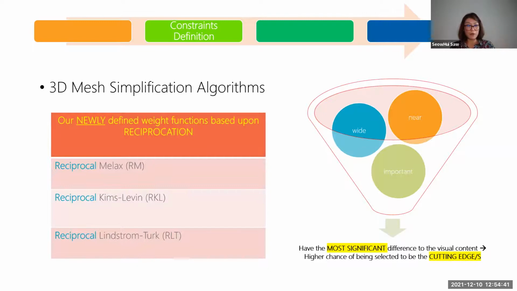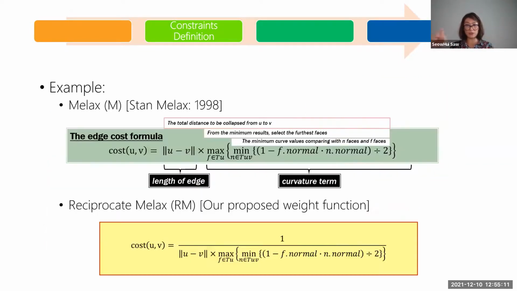Then we came up with an idea to reciprocate these wave functions for our segmentation constraints. The concept of reciprocation is just dividing one by the existing wave function. This turns all the factors of reduction into wide, near, and important areas, which have a higher chance of becoming the cutting edge.